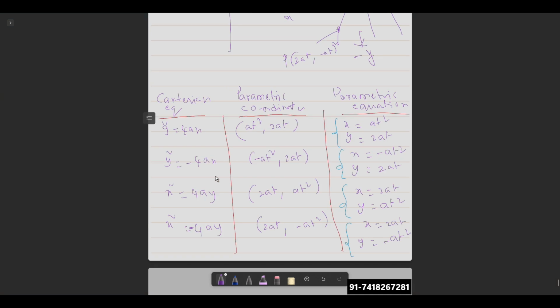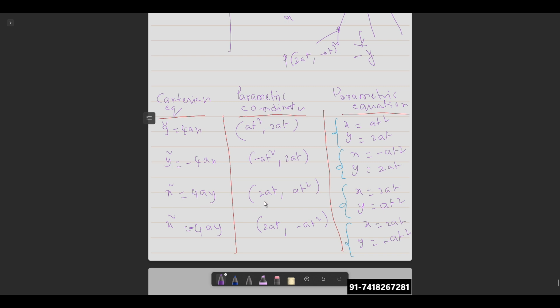So now if we have a table like this, for y square is equal to 4ax, the parametric coordinates will be at square, 2at, and your parametric equations will be this equal to x and this equal to y. And similarly y square is equal to minus 4ax, it will be minus at square, and the x coordinate will be minus. The same, x and y equate to x and y. That will be your parametric equations.